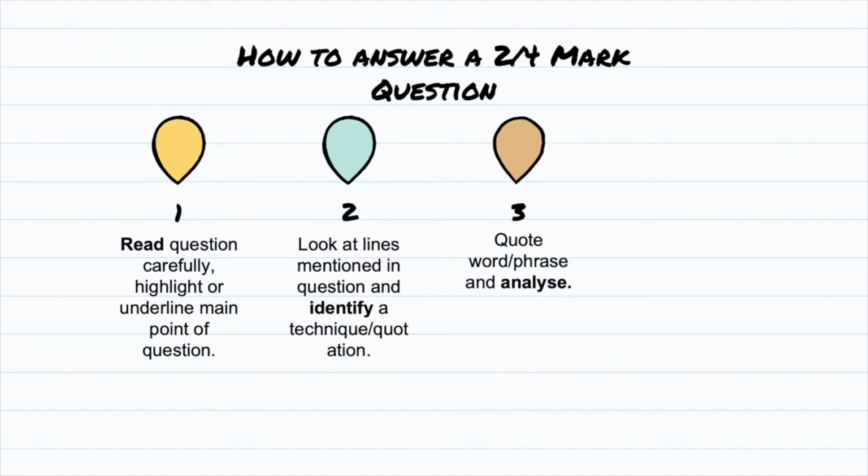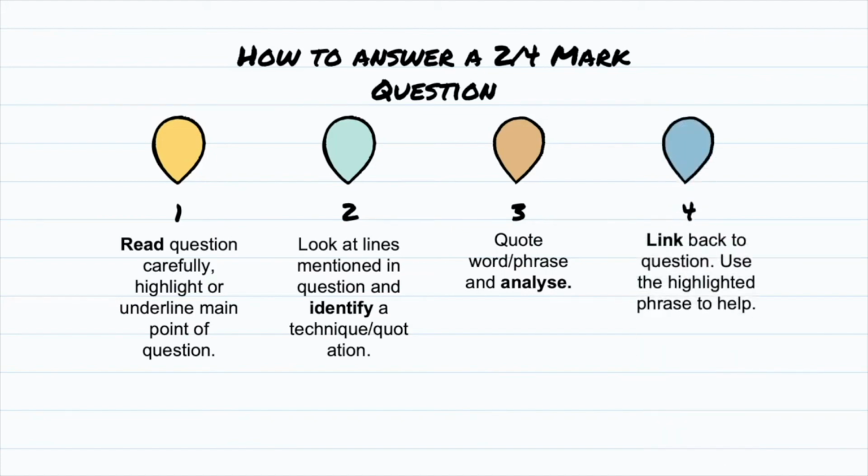The analysis will not be granted a mark unless you link back to the question, and you use the highlighted phrase to help you with this. Once you analyse and link back, you will receive your second mark. Say that was a 2-mark question, you would get 1 mark for quotation, 1 mark for analysis and link. If there's a 4-mark question, I recommend you do that again for that insurance answer.